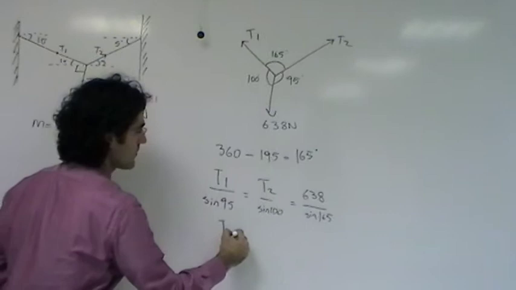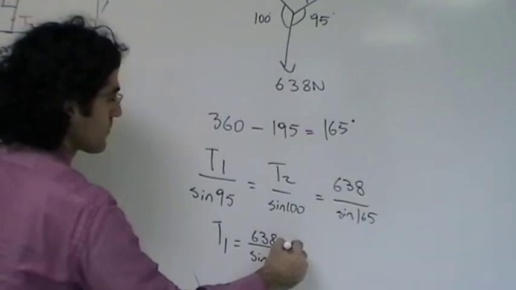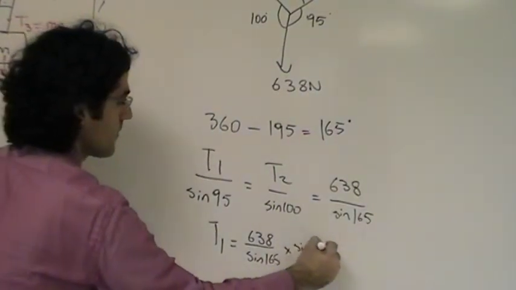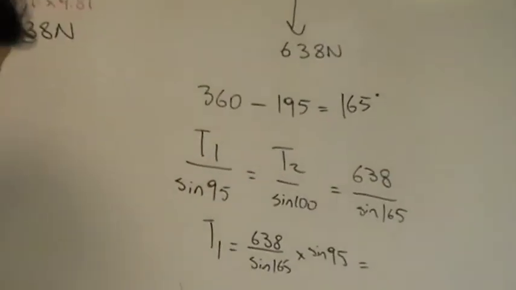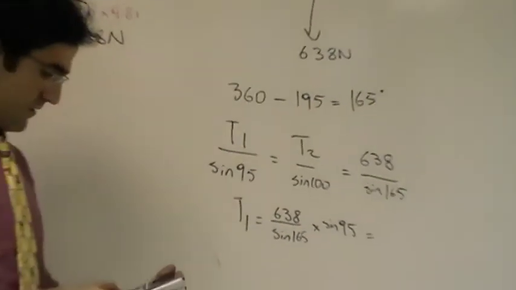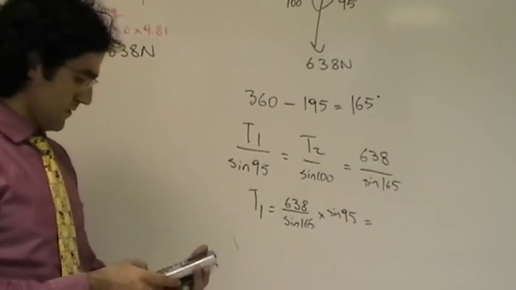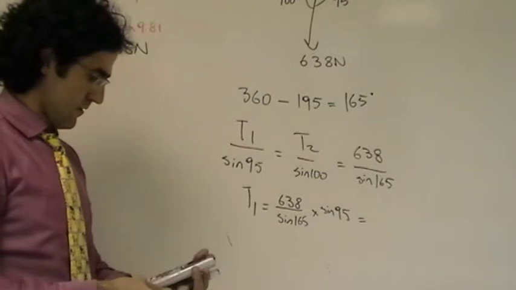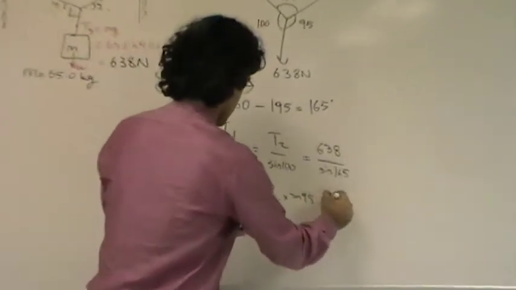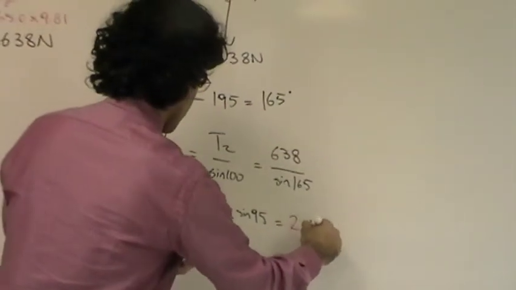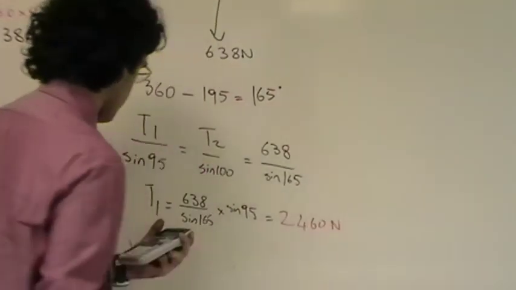So T1 simply will be equal to 638 divided by sine of 165 multiplied by sine of 95, which, let's find using a calculator. Sine of 95 divided by sine of 165. That is going to give you, in three significant figures, 2,460 newtons.